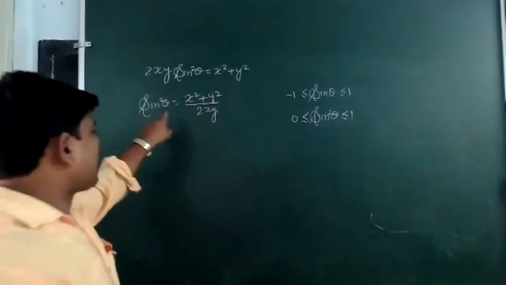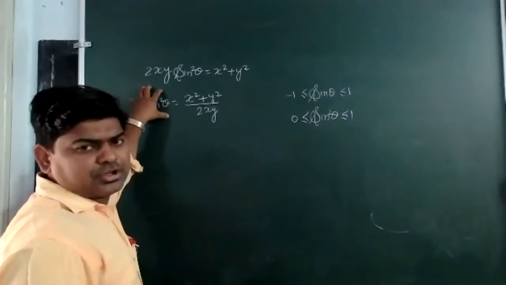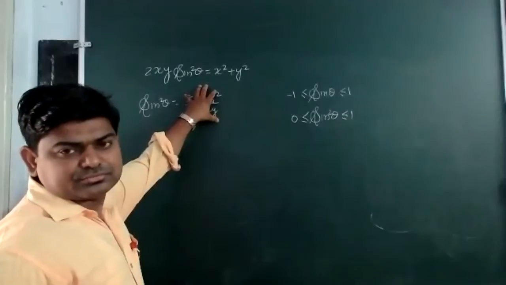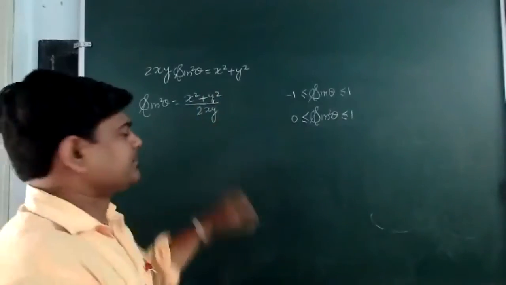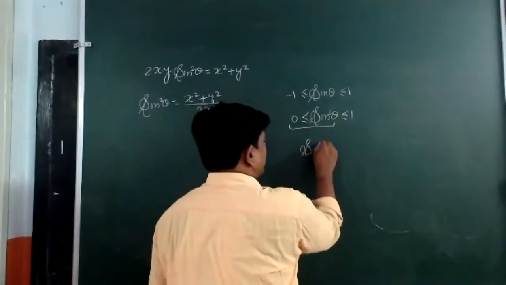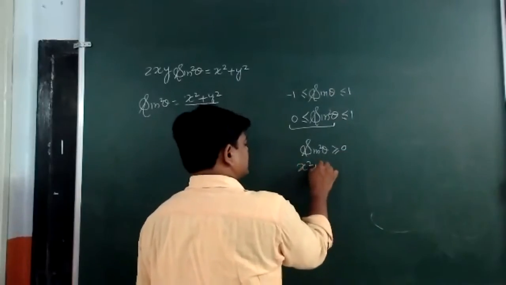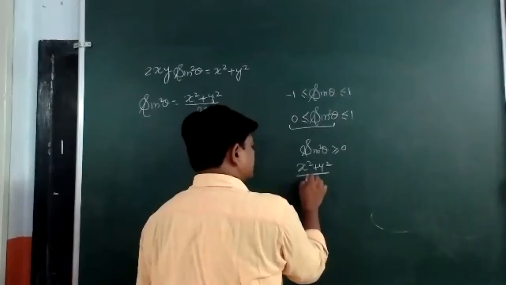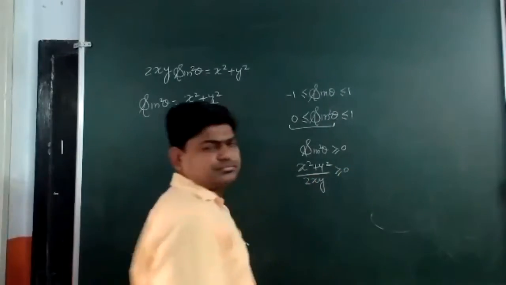Now, if I take sin square theta greater than 0, it means it should be greater than 0. I am doing rough work, then after I'll prove it here. If I am taking this part, sin square theta is greater than or equal to 0, so x square plus y square upon 2xy is greater than or equal to 0.